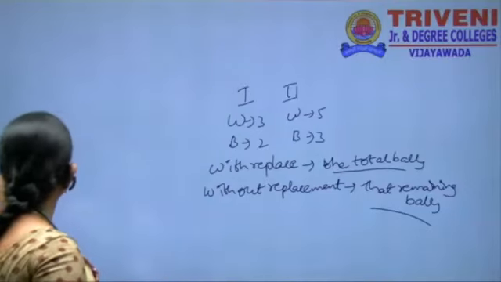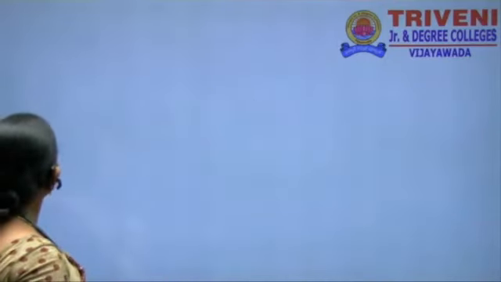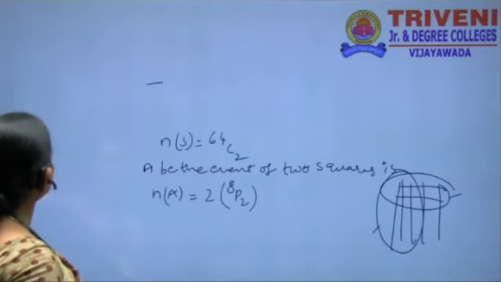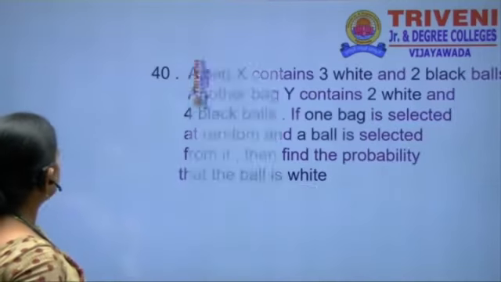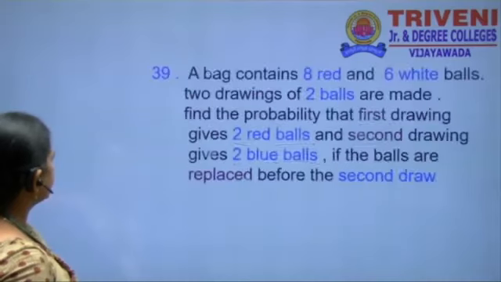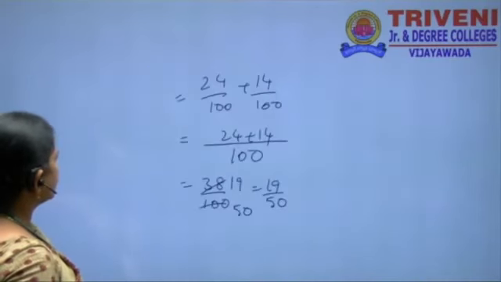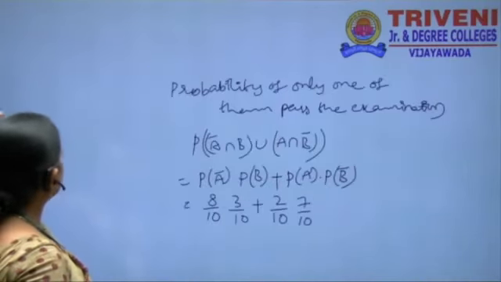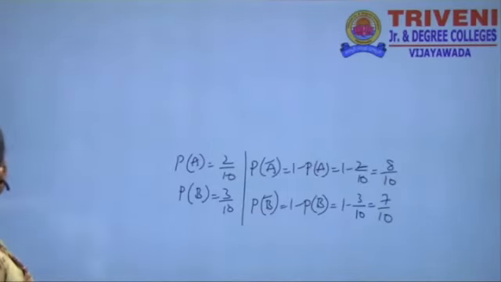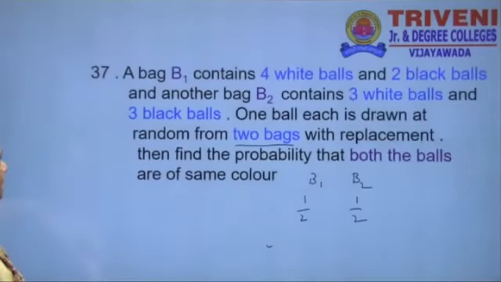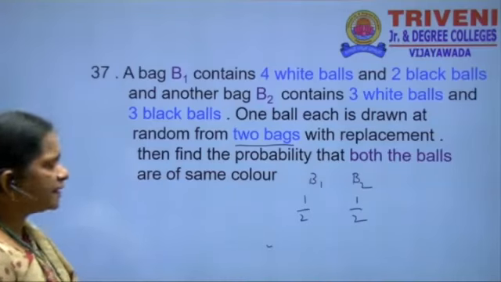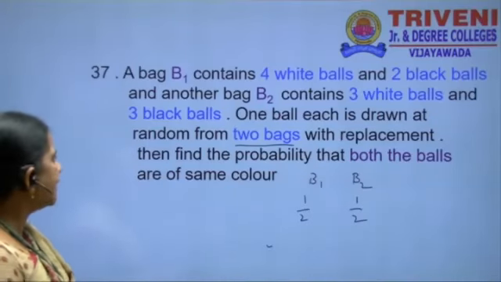Here one bag has 4 white balls and 2 black balls, and the second bag has 3 white and 3 black balls.